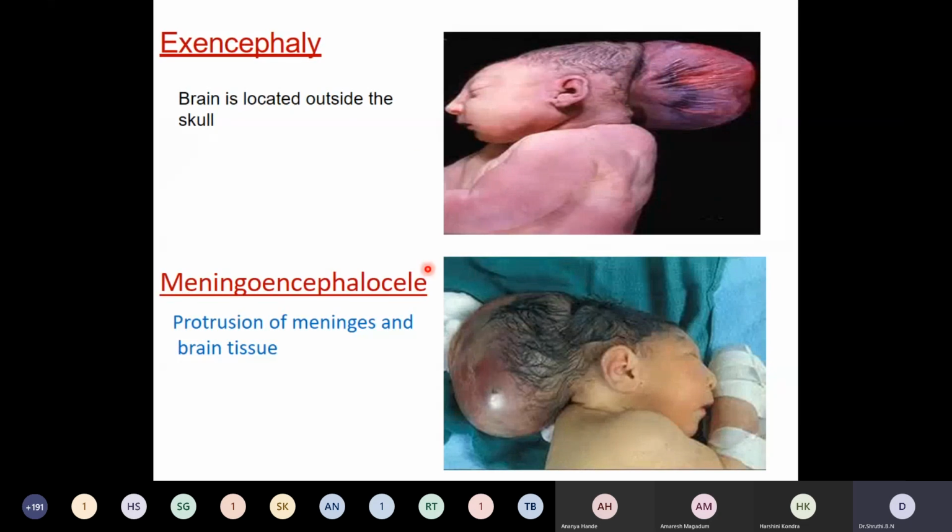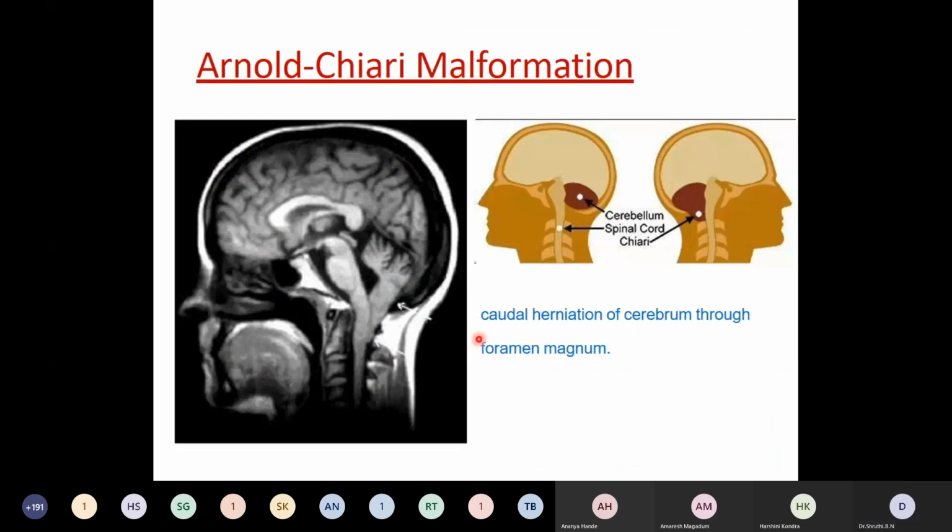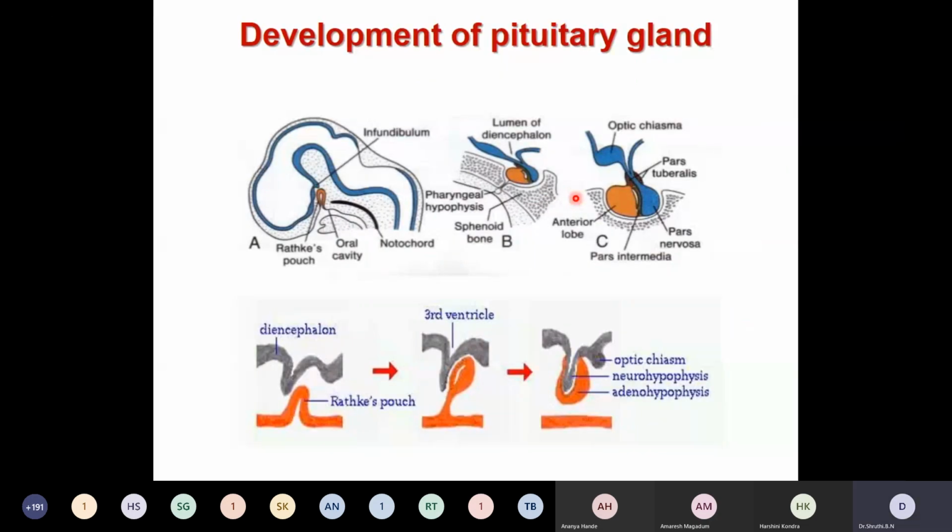Meningoencephalocele is where you have protrusion of the meninges and brain. Arnold-Chiari malformation is herniation of the cerebrum and part of the cerebellum through the foramen magnum. So that is about the development of the brain and spinal cord.